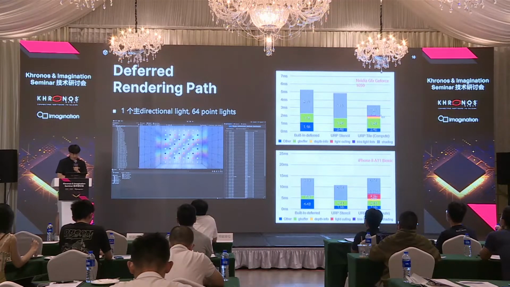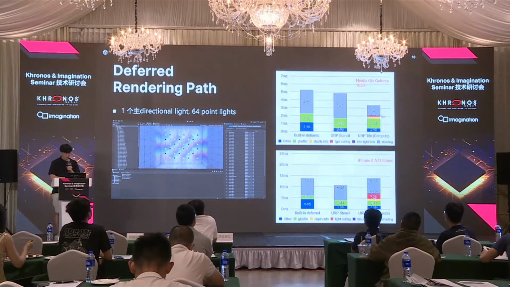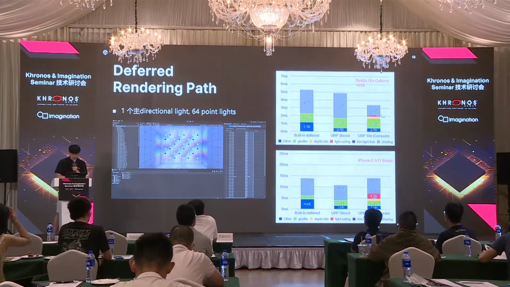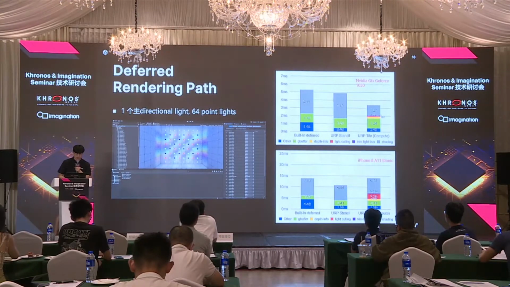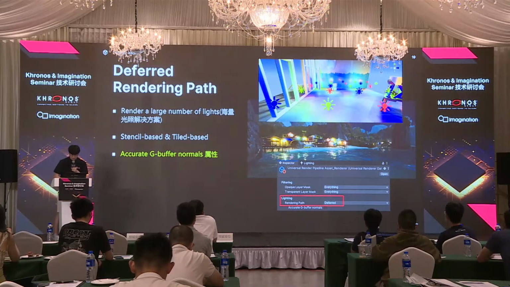The illumination mode is baked lighting, and it runs on NVIDIA GeForce 1050 and iPhone 8 A11 Bionic devices. You can see that the URP deferred rendering technology is better than the internal rendering pipelines. And the two deferred rendering solutions on URP also have their advantages or disadvantages on mobile and desktop respectively.